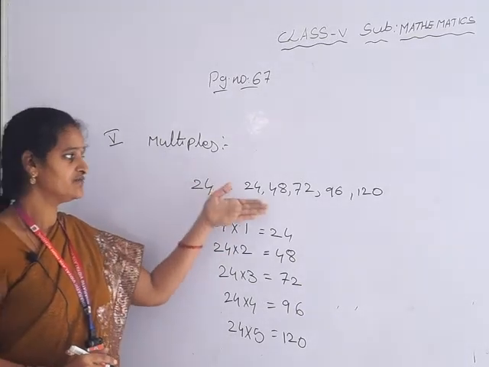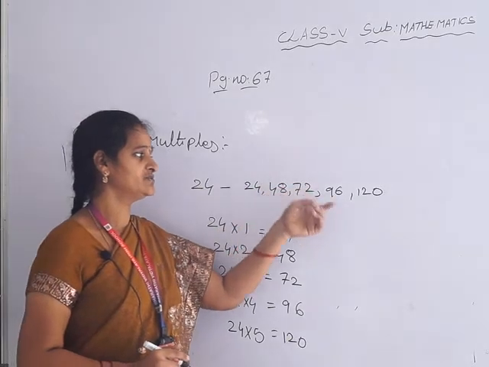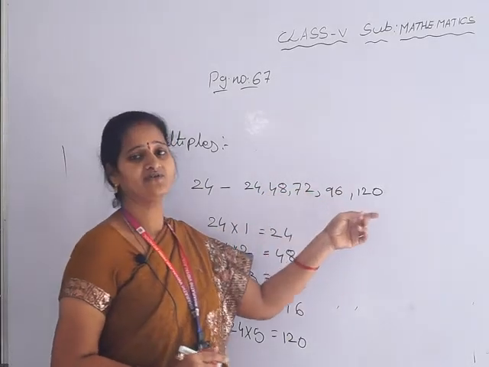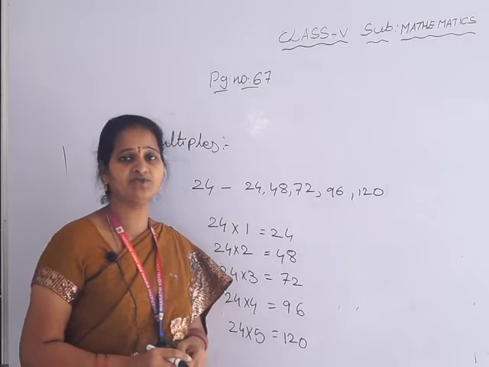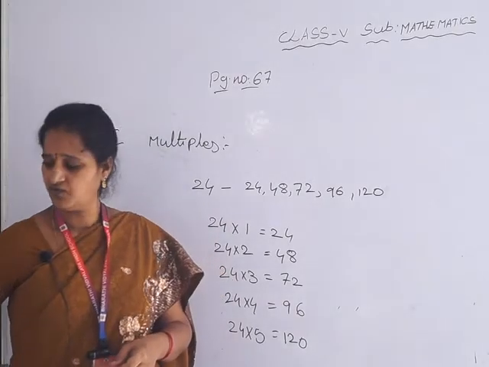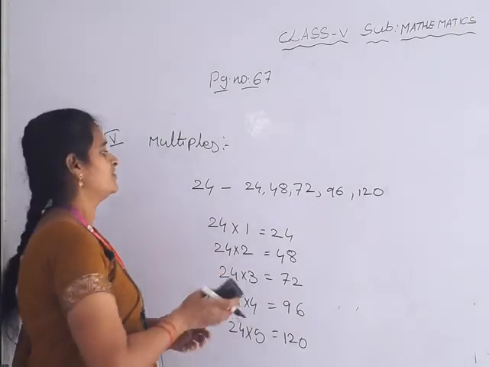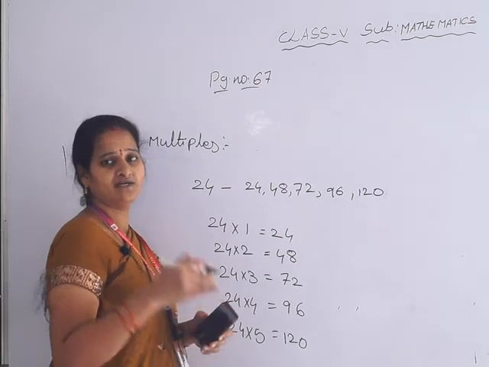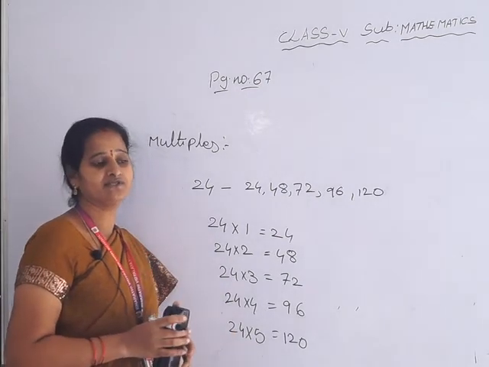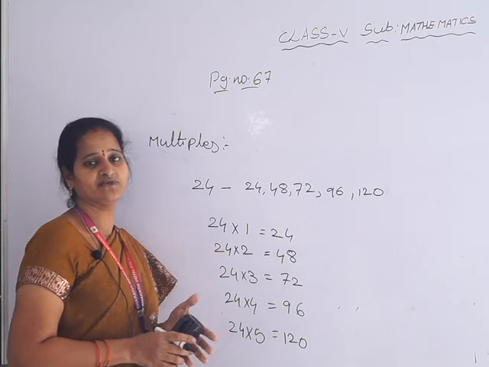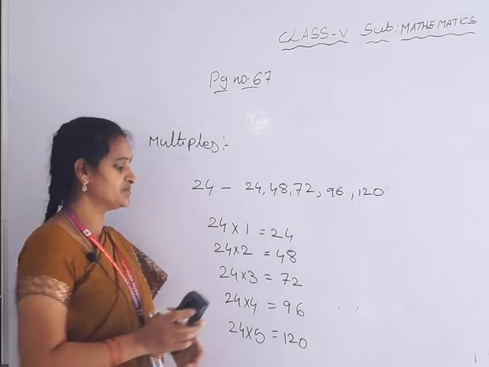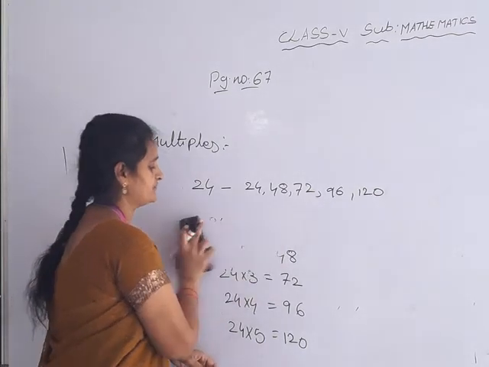And 24, 48, 72, 96 and 120 are the first 5 multiples of 24. Now the remaining problem: write the first 5 factors and multiples of 12. Do that yourself as homework.